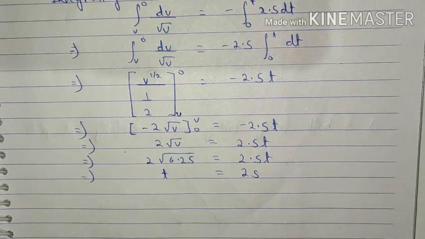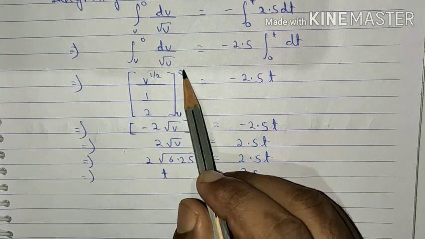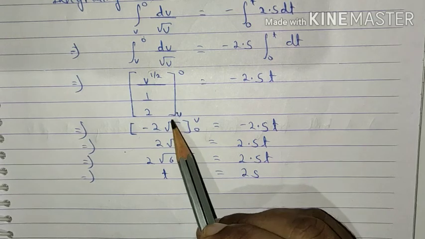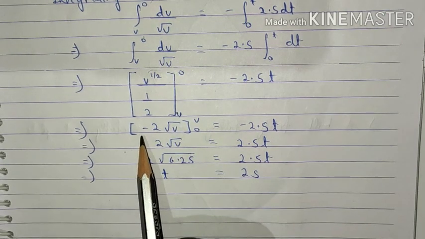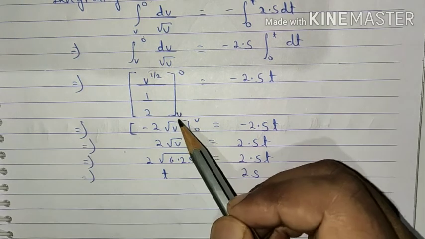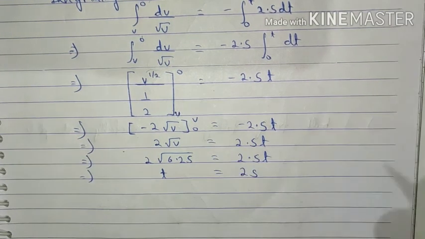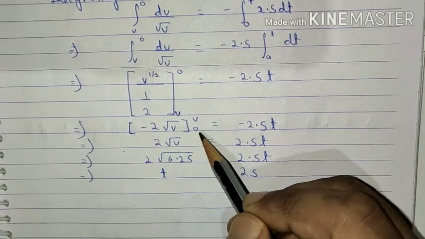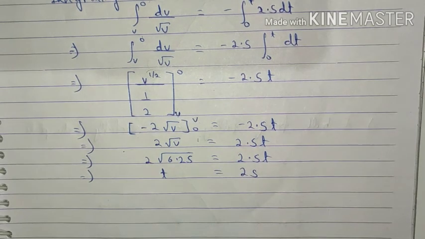Please note one thing, if we are reversing the values of the limits, that means if we put this as upper limit and this as lower limit, it can be done by putting a negative sign along with the terms. So this is what we have done over here, because our lower limit was v and the upper limit was 0, and we have to interchange them. That is, we have to make v as upper limit and 0 as lower limit, so we have taken a negative sign over here.